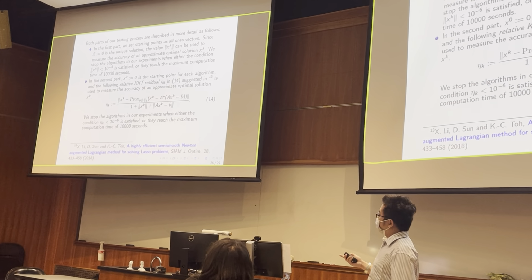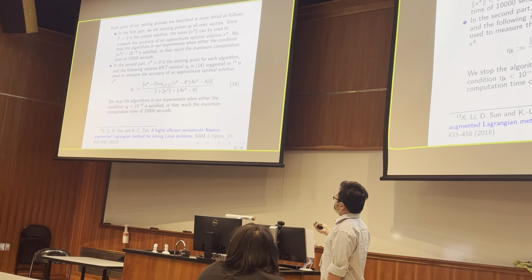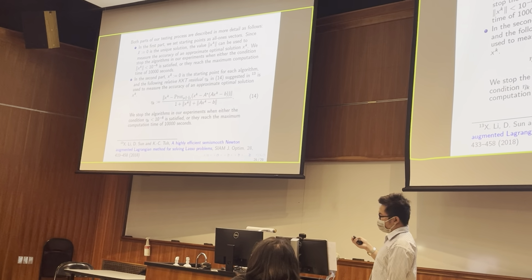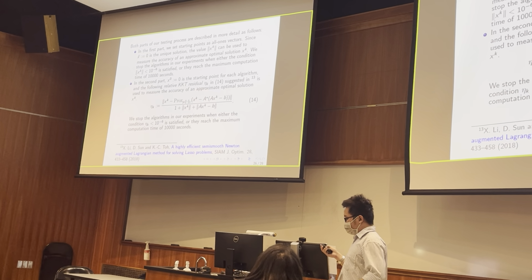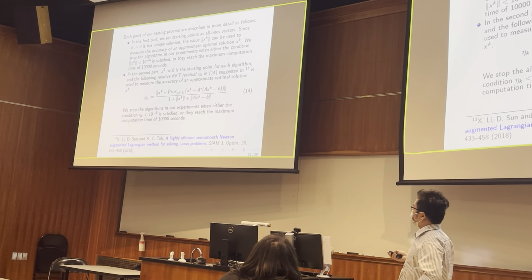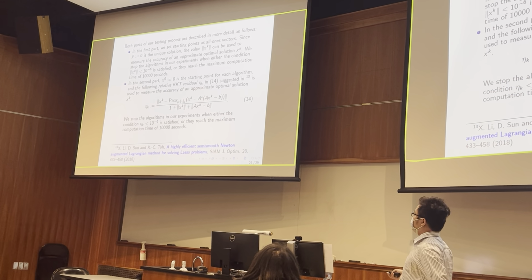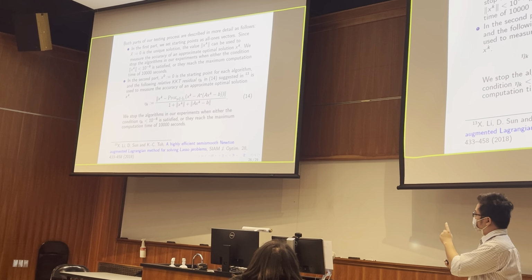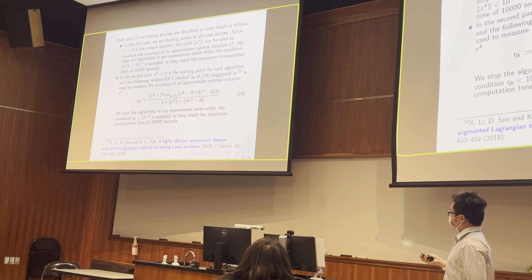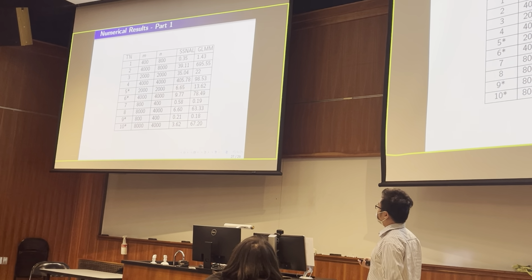And in the second part, we will choose the KKT residual as the stopping criterion. It was suggested by Fan Sun, and he said it's useful for measuring the approximate solution. So we choose two stopping criteria in the two testing processes here.